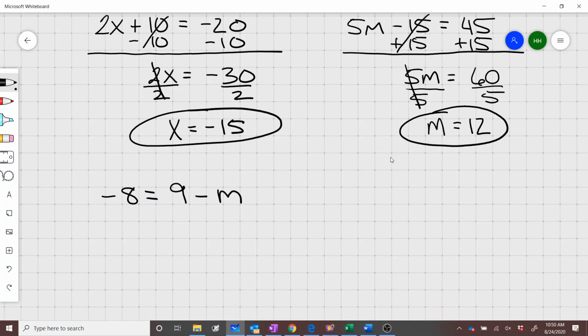You've got a 9 minus m on this right-hand side. This minus sign is attached to the m. This 9 is a positive 9. So to get the m by itself, these two are connected. You got to get that by itself, and that's a positive 9. So you subtract 9 from each side.